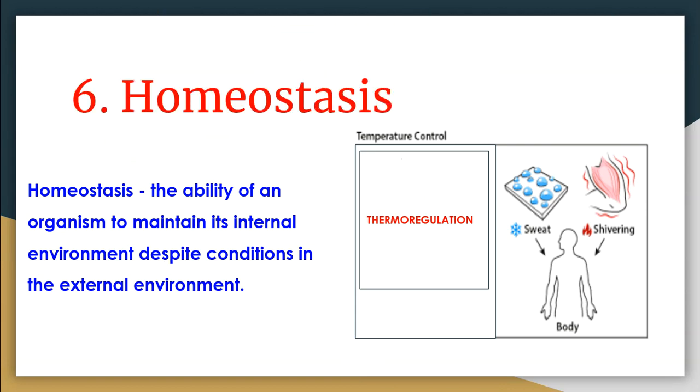Number 6. Homeostasis. Think about the root words home and stationary. Maintaining a stationary environment in the home is homeostasis. The home here is the cell.